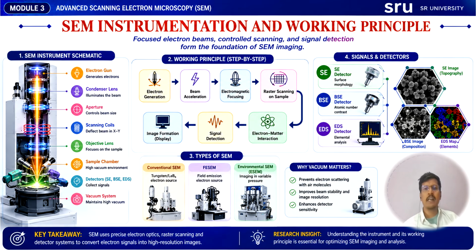Finally, a computer processes the signals and reconstructs an image, and that will be displayed on screen. So we can store the images and we will get the morphology of the sample specimens.